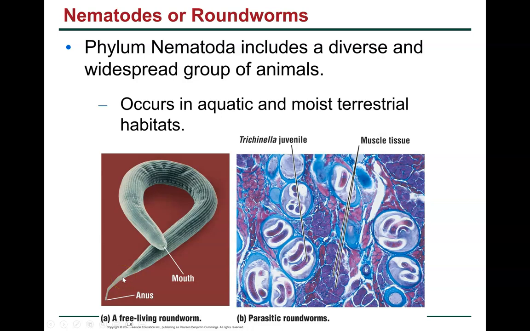Interesting story about roundworms. For your example, you could just say roundworm, or you can use this historical interesting one called Trichinella, or you can say the roundworm that's found in pork. A lot of major religions from ancient times banned their people from eating pork.